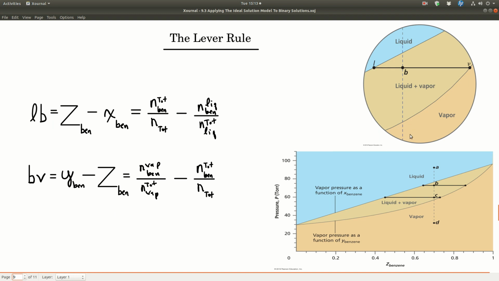So if we look at this same diagram, the PC diagram, and we're blowing up a region of it right here. By the way, these lines that are constant pressure, they go across the liquid vapor coexistence region, are called tie lines, TIE. And we're going to use this.